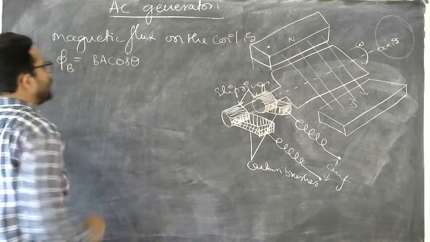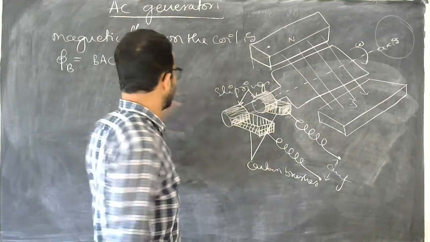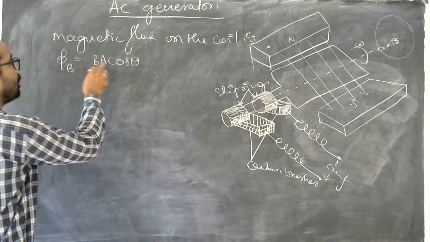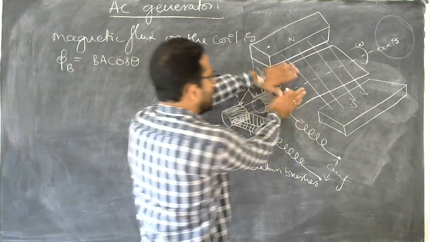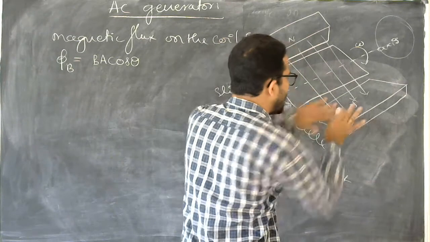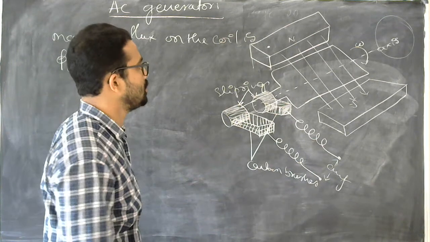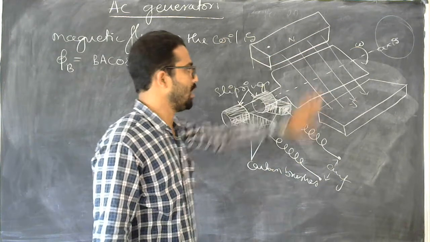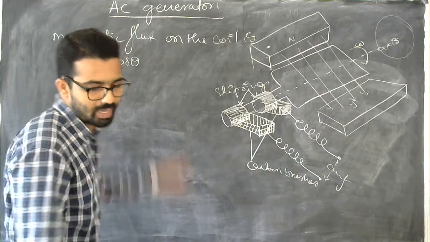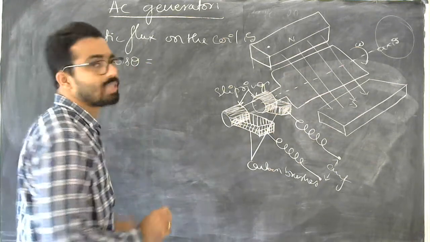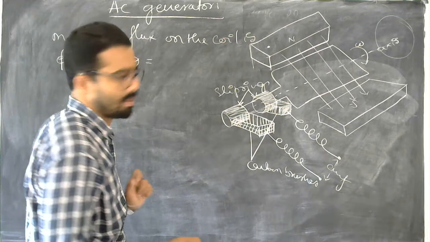Okay, so BA cos theta, where B is the magnetic field, A is the area of this loop, and theta is the angle between B and A. See here, now this area is along this plane, that is why there is no angle formed between the direction of the magnetic field and this. That is why this is BA cos theta. Theta means the angle between B and A.